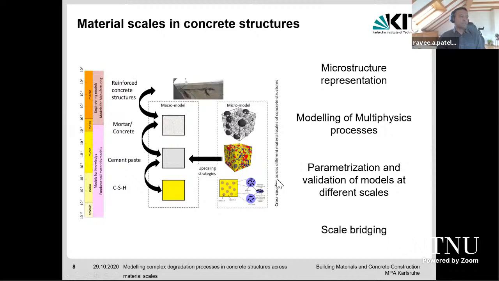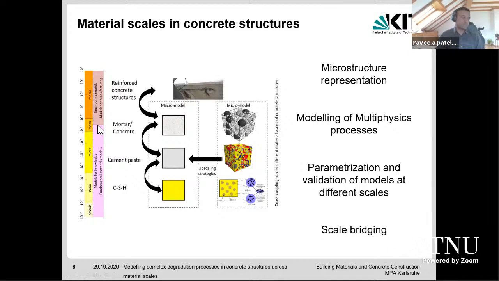If we talk about models which are used in civil engineering, we can divide models into two types. One would be the models which engineers use for design. These are basically very simple and crude abstractions of actual physics. If we are interested in physics, for instance material design, or if we are interested in knowing the long-term evolution of the material where we don't have any experimental basis, then we need to go towards a more focused modeling, that is a bottom-up approach.